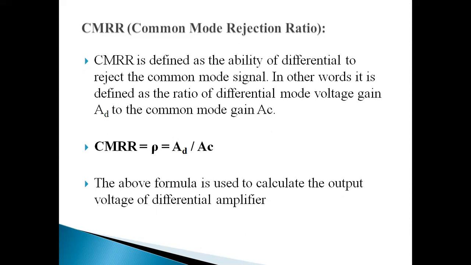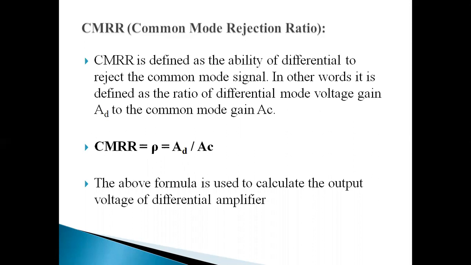How much of the different signal is amplified, and how much of the common signal is rejected by the differential amplifier, can be observed by the CMRR value.